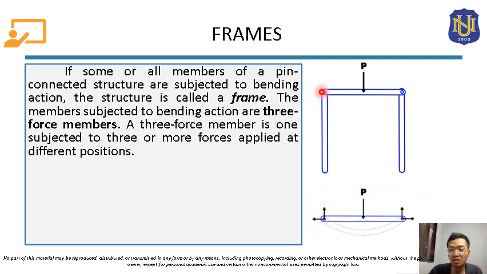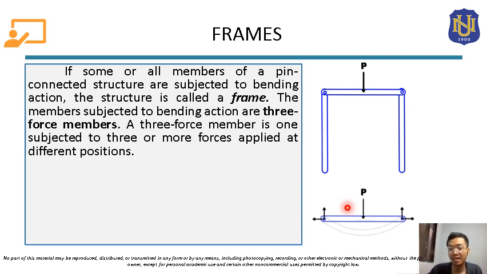Since we know that this is a pin-connected frame, these are pins. This is a pin here and a pin here. As we know, for pin connections, there are two reactions, one horizontal reaction and one vertical reaction.